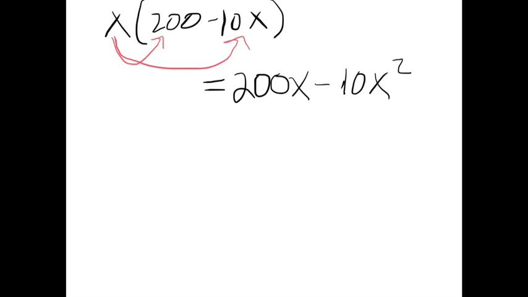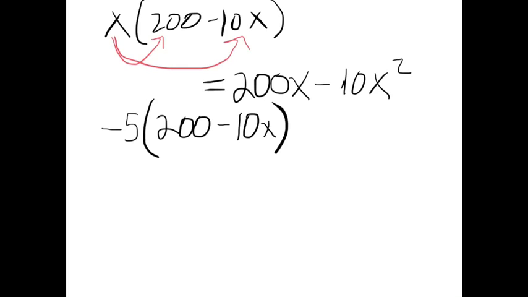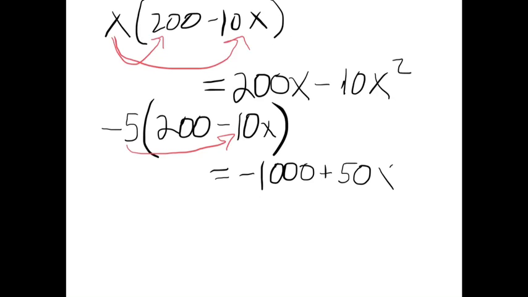Next, we had some costs. The costs were, we're going to do minus 5 times the number of tickets sold, which is 200 minus 10x. We're going to do that multiplication. We'll get negative $1,000. And then since we're taking a negative times a negative here, that gives us a positive 50x.